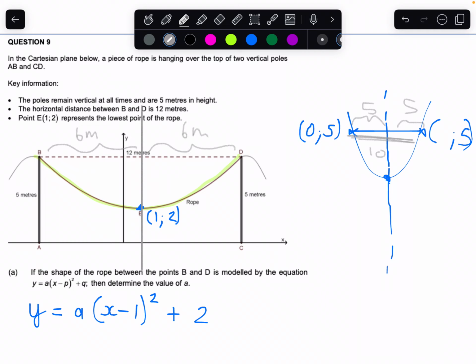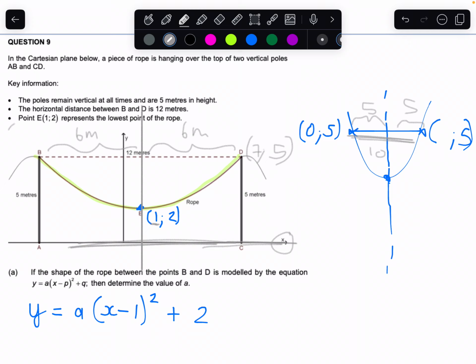So that means that the x-coordinate of D is going to be 6 away from 1, which is 7. And we've been told that these guys are 5 meters above the ground, which we are taking to be the x-axis, and they've indicated that as well over here. So this would be (7, 5).